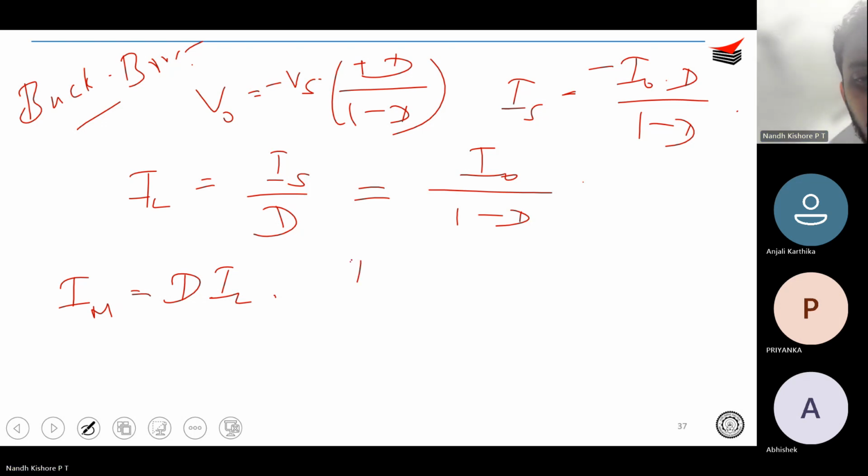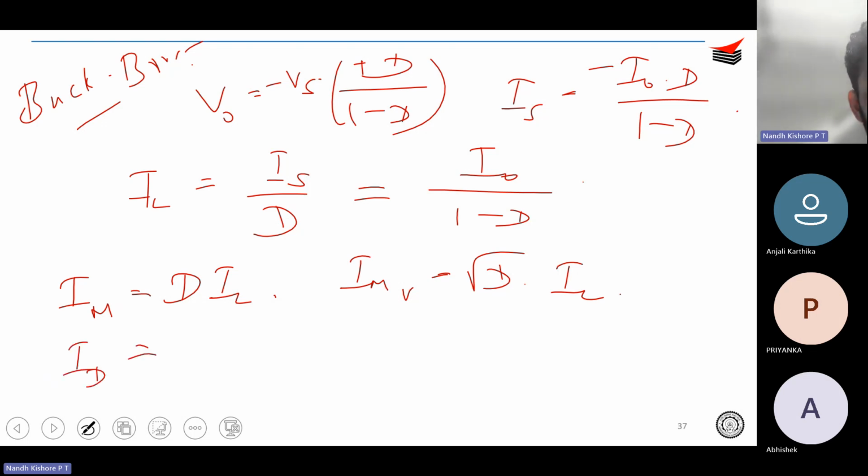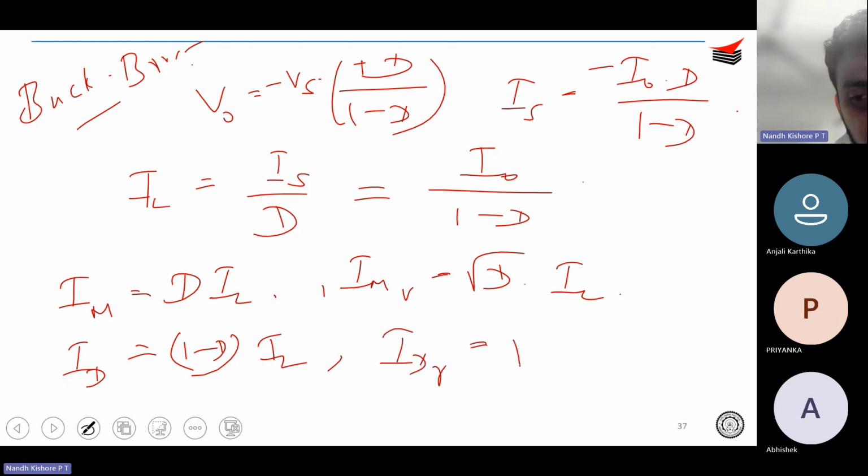Okay. IM RMS will be root over D times IL. Similarly, I diode average will be 1 minus D times IL. I diode RMS will be root over 1 minus D times IL.